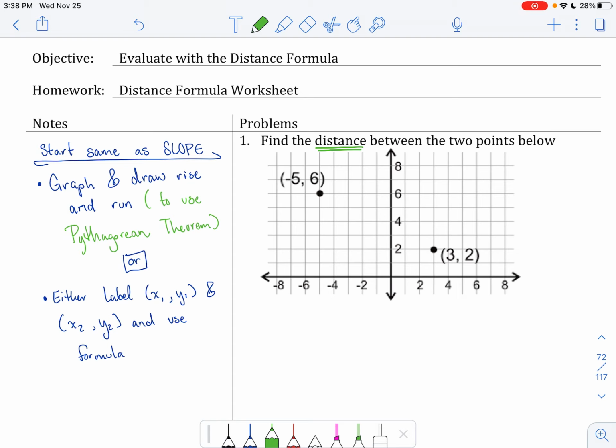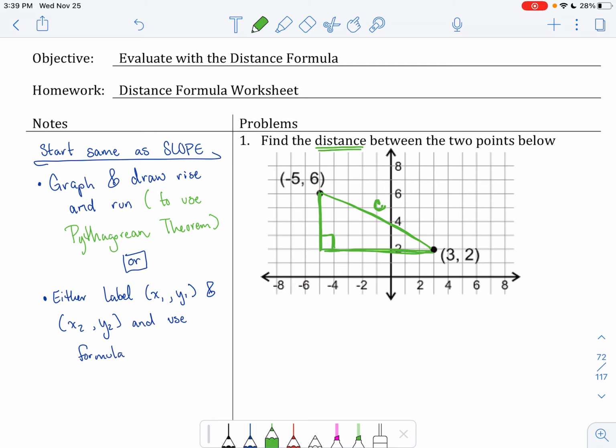So when we're doing a graph, we want to find the distance here between the 2 points. If we draw in our rise and run, in this case my rise is negative, and then my run. I can then form a right triangle here, and I can use the Pythagorean theorem to find the distance here, which would be c. There is also a formula just like slope, and when we don't have the picture, we can go over the formula.